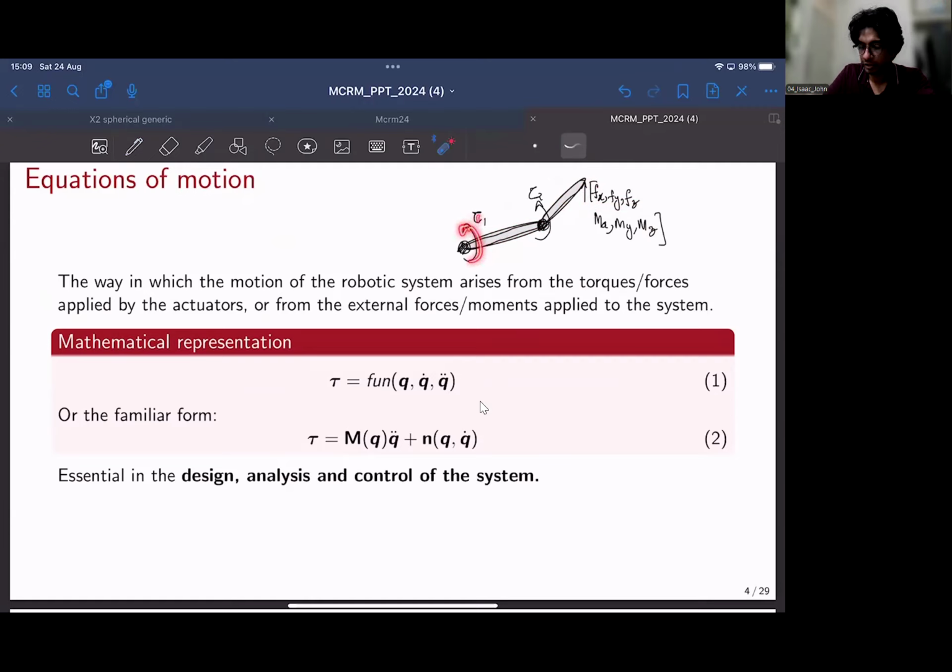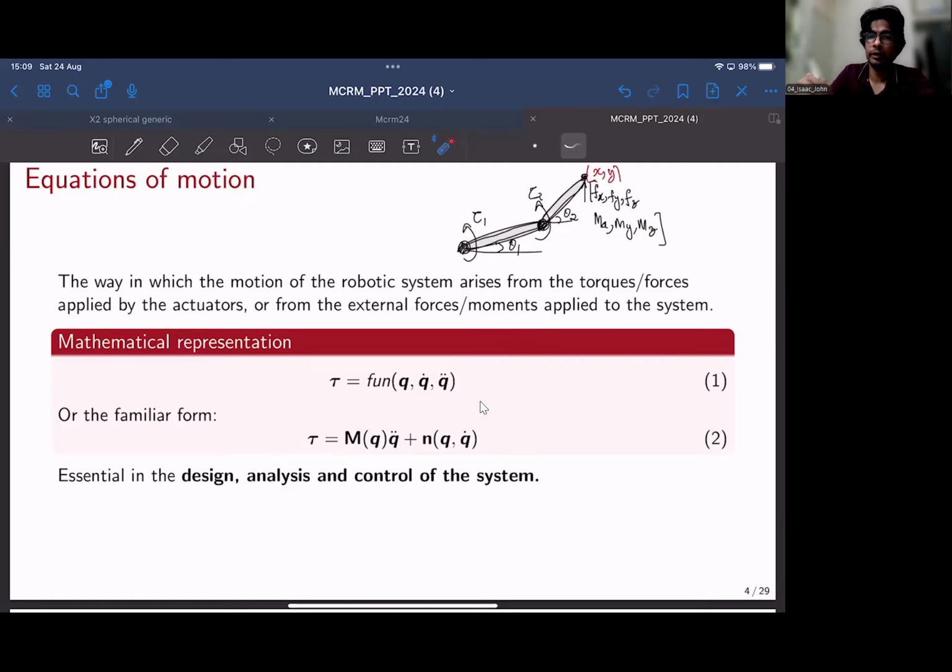So if these are the forces and torques involved, the motion of the robot can be characterized by the joint variables theta1 and theta2, that is, in the joint space coordinates, or you could consider the motion of the robot in task space coordinates x and y. Either way, it's fine.